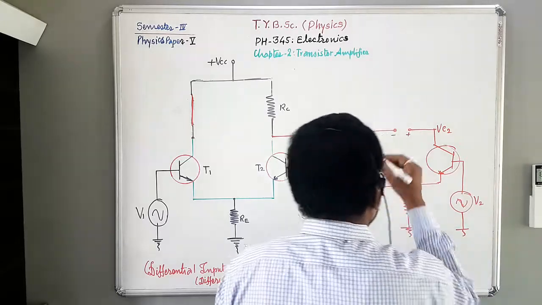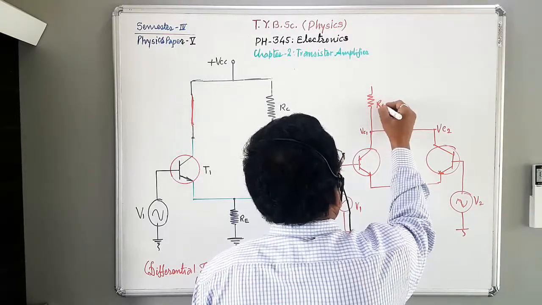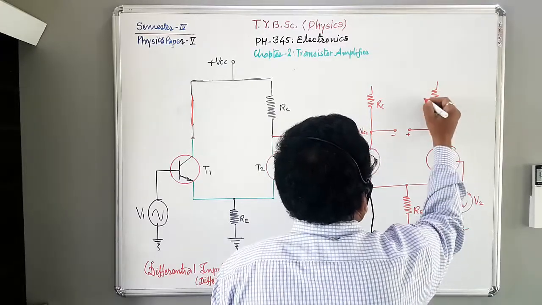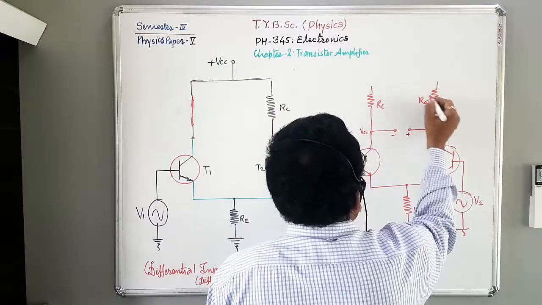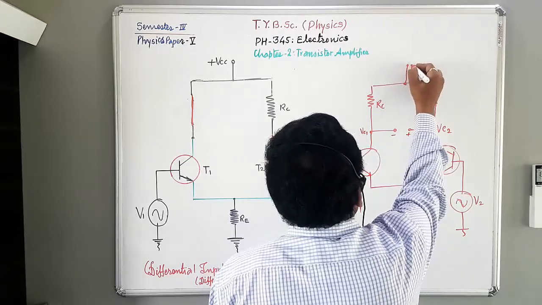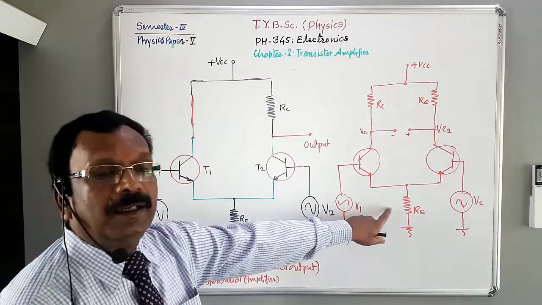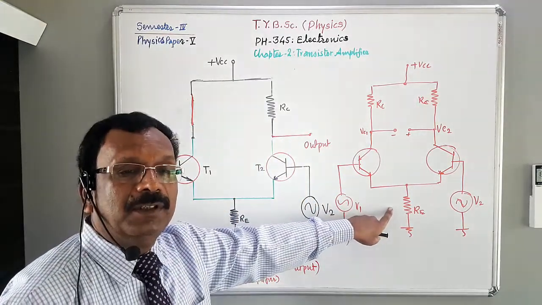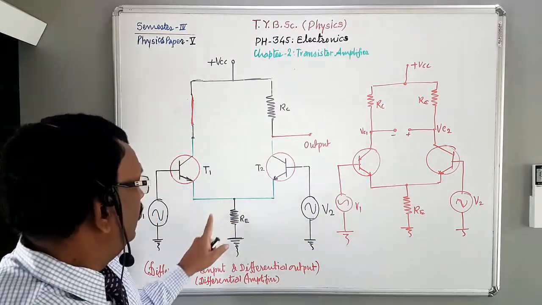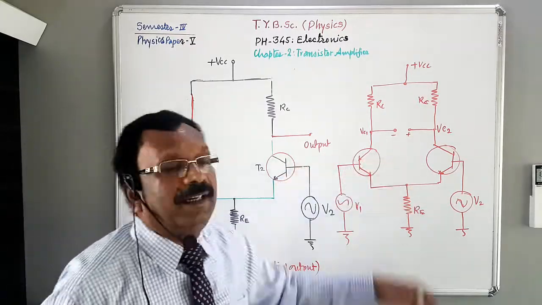And here this is RC for this follower, and this is the RC for this follower, and here the positive of supply VCC is given to common. See here, this is differential input and differential output, that is double-ended, and this is differential input and single output, that is single-ended output and double-ended output.